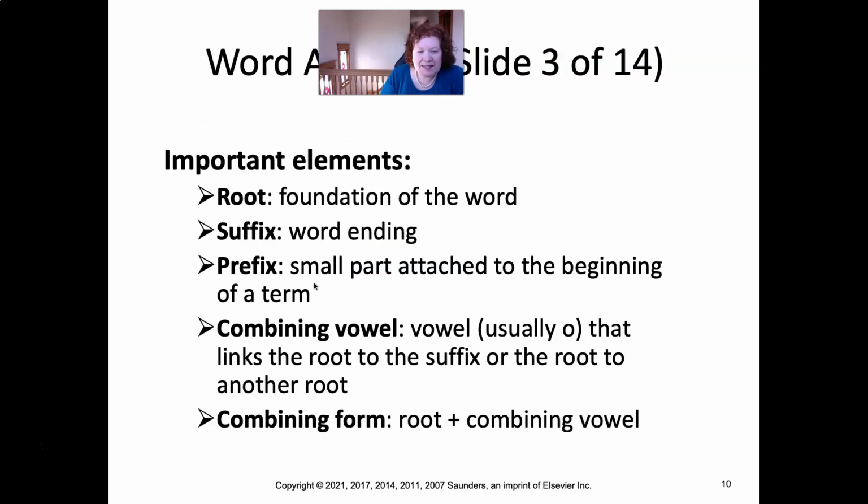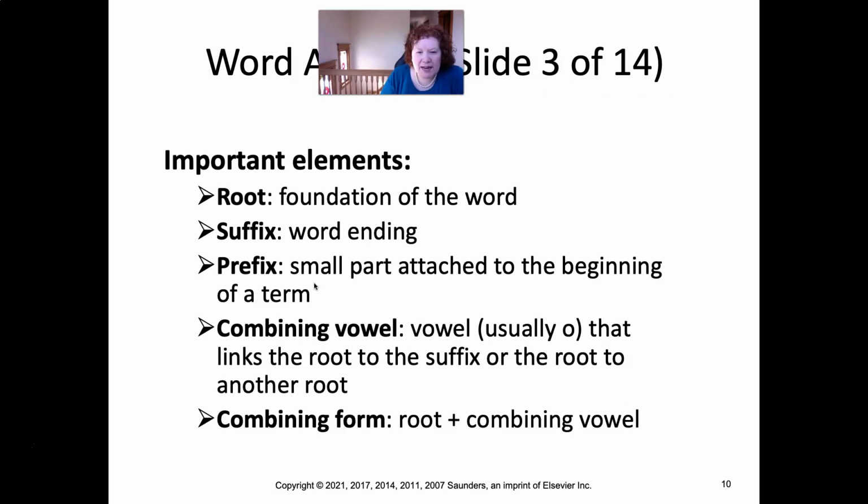Important elements. The root is the foundation of the word. The suffix is the word ending. The prefix is the beginning. Not every medical term has a prefix, so just be aware of that.